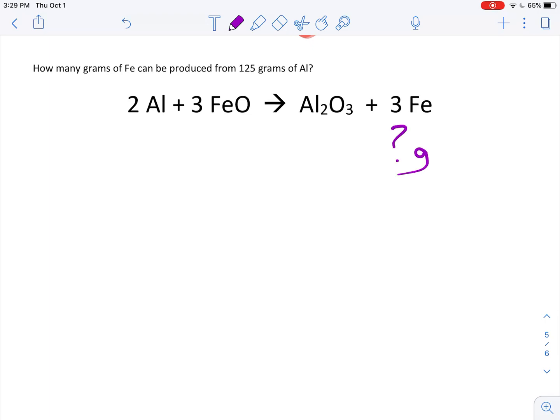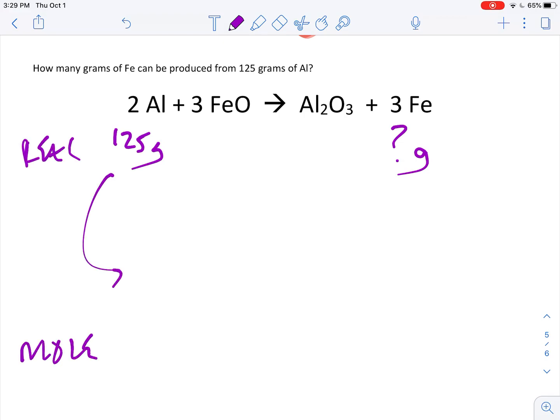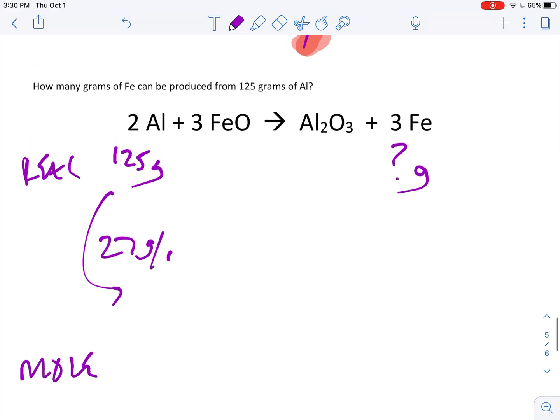How many grams of iron can be produced from 125 grams of aluminum, assuming that we have all the other stuff there? All right, first thing I'm going to do is take my real world unit and turn it into my mole world unit. Aluminum weighs 27 grams per mole on the periodic table, because again, that's its formula.